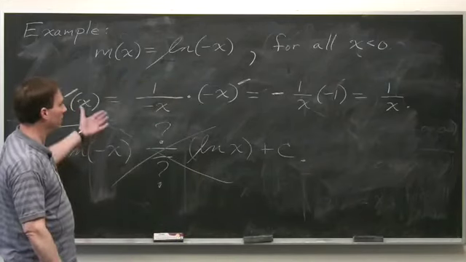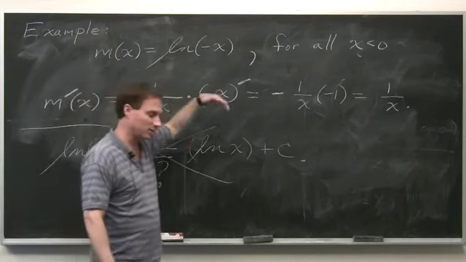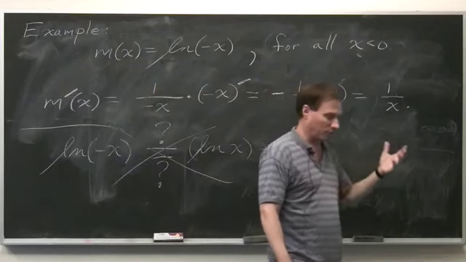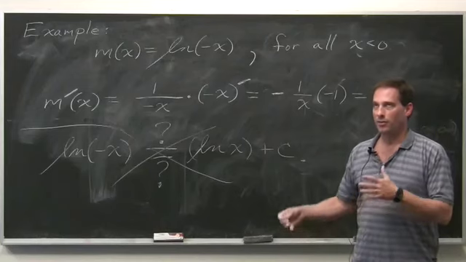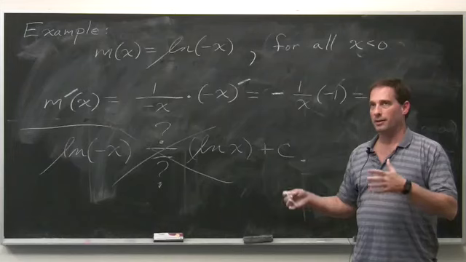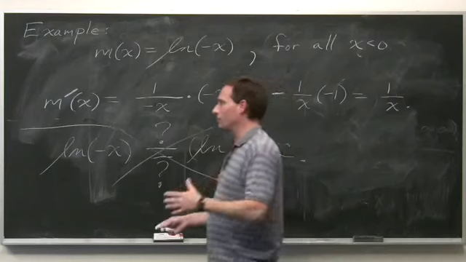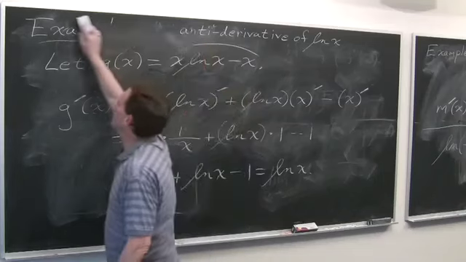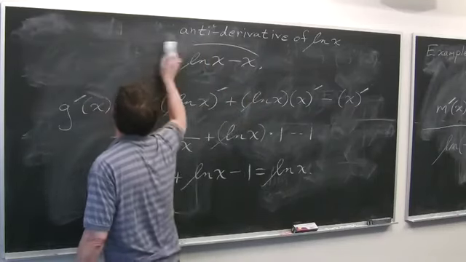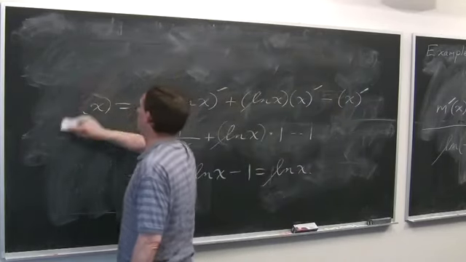But we would kind of like to have one formula that tells us that when x is positive, the derivative of natural log of x is 1 over x, and when x is negative, the derivative of natural log of negative x is also 1 over x. Well, there is a nice way to do that with one formula, and it uses absolute value.